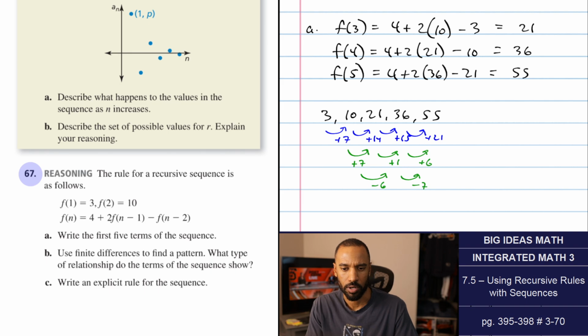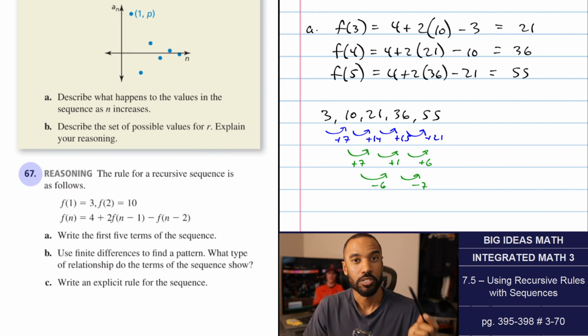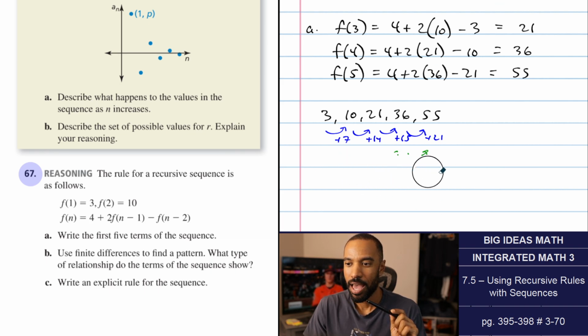Let me stew on this one. Hold on. Okay, you know what would really help? If I wasn't stupid. I put 10 plus 14 is 21. I saw this 7, and I was thinking 7 plus 14 is 21. Let's do that again. Time out. This is not plus 14. This is plus 11.